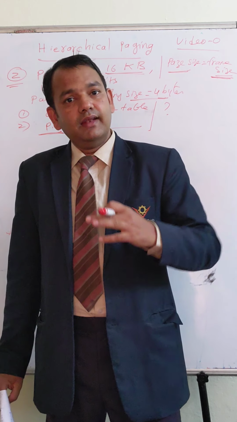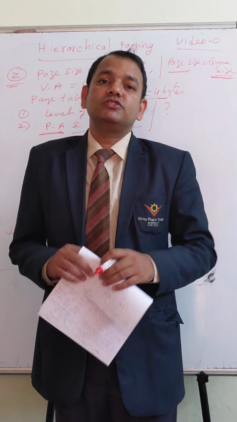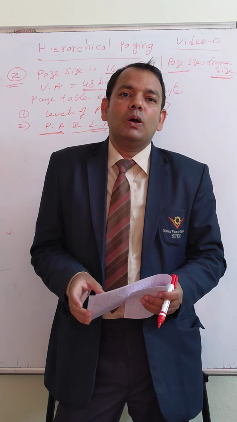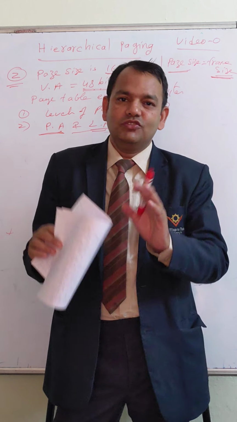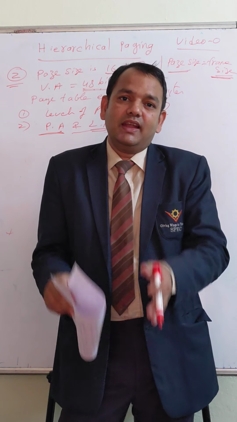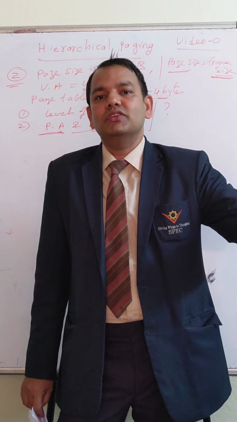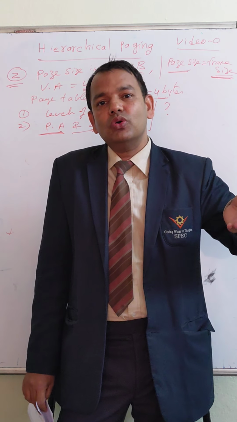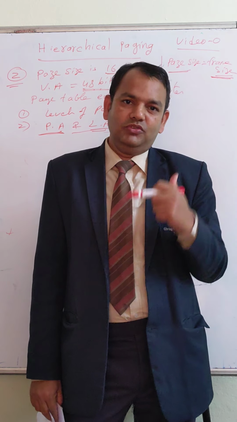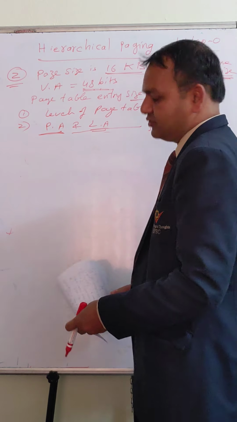Then we need to calculate the size of the page table. If the page table size is more than a frame size, then obviously we need to divide the page table into 2 page tables. The inner page table data has to be stored in the inner page table, and the index has to be stored in the outer page table. Why? Because one page table size is more than the frame size. Okay. Now let us follow the step by step procedure, then you will be able to understand.